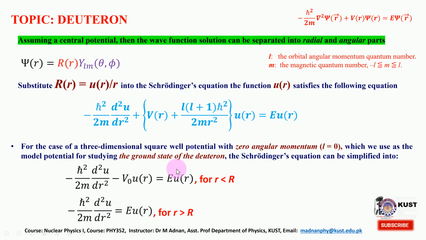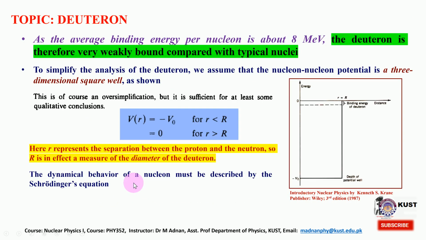So we have these two equations, which are actually the same Schrödinger equation, but the radial part. And as I told you, the potential shown here has a form: when r is less than R, this is minus V naught, and when r is greater than R, this is 0, as described by this diagram.